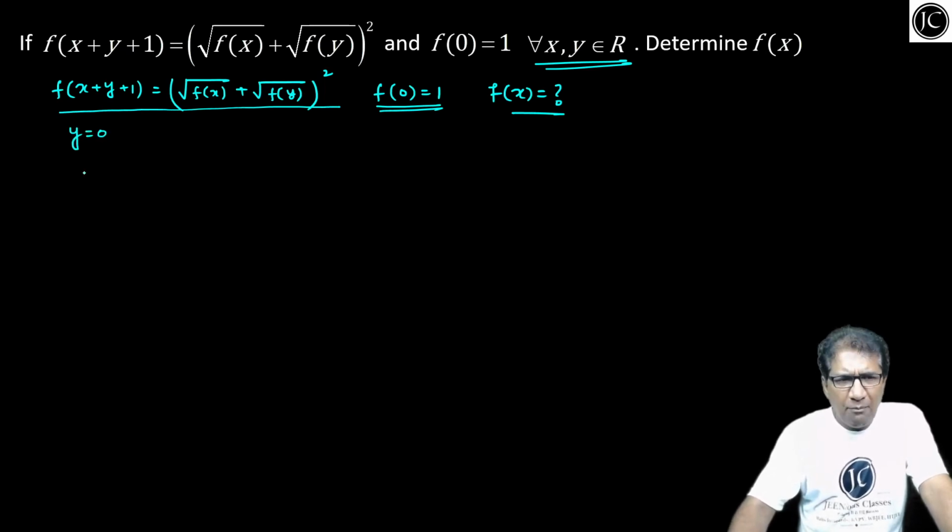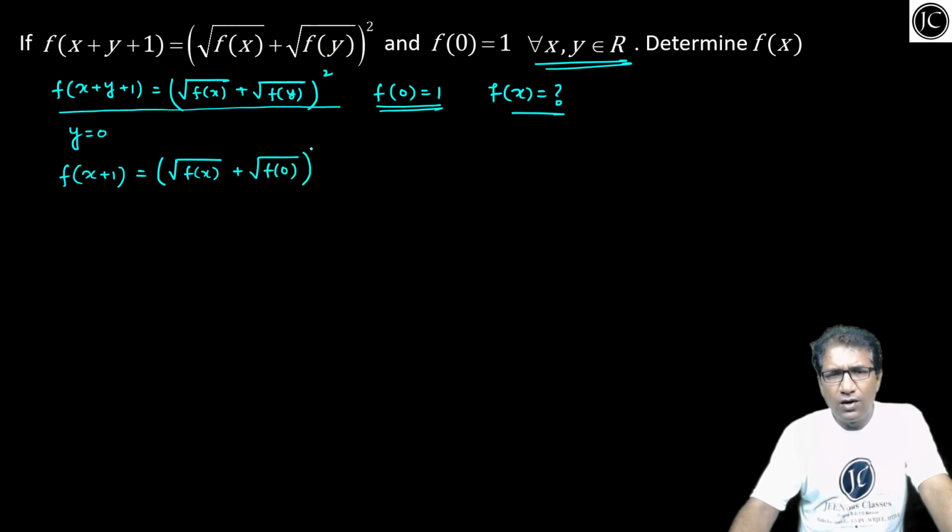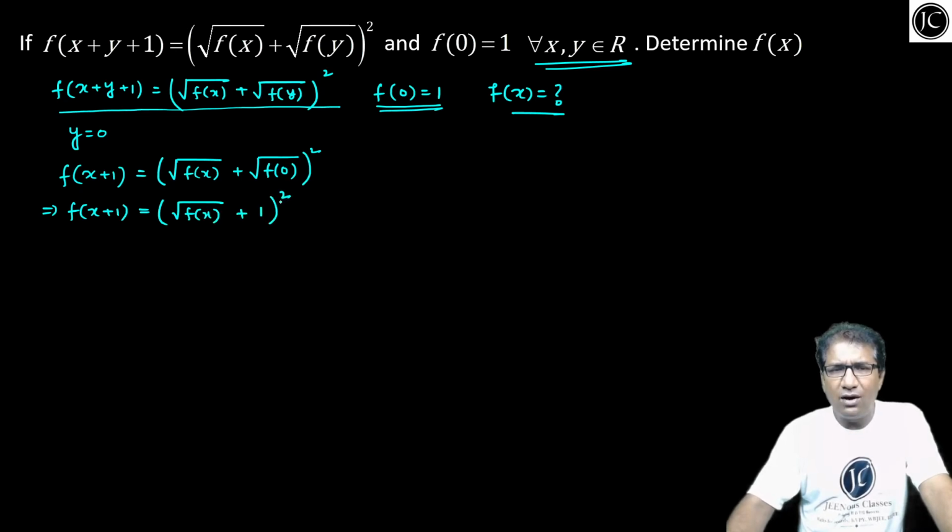तो हम एक काम करते हैं, इस y का जगह में हम लोग 0 पुट कर दे रहे. अगर हम पुट कर दे तो लेफ्ट हैंड साइड में क्या मिलेगा? f of x plus 1 is equals to root over of fx plus root of f0 का होल स्क्वायर. मतलब क्या आया? f of x plus 1 is equals to root over of fx plus 1 का होल स्क्वायर. Is it clear to all of you? Absolutely.